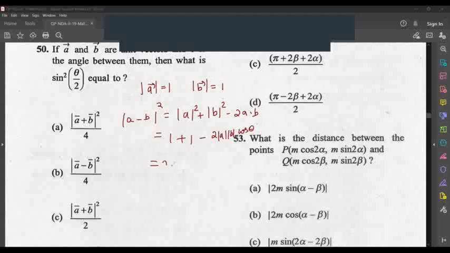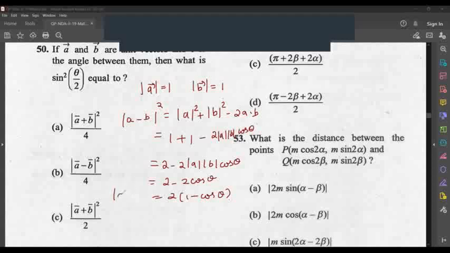That is 2 minus 2 cos theta. If we take 2 outside, this is 2 times 1 minus cos theta.